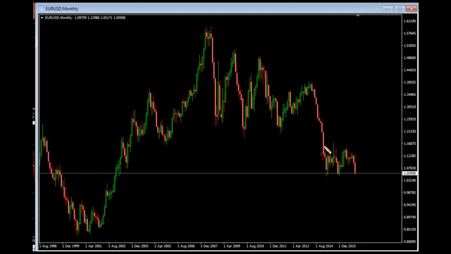Euro USD, we've spoken about this in great detail, and you can see a similar situation: we've just been very sideways. Price is boxing. We have support, we have our resistance up here, and look at what we're getting. We're getting a monthly bearish outside bar, but look where it's closing. It's closing above this area.